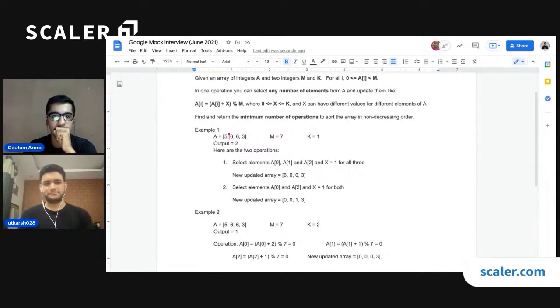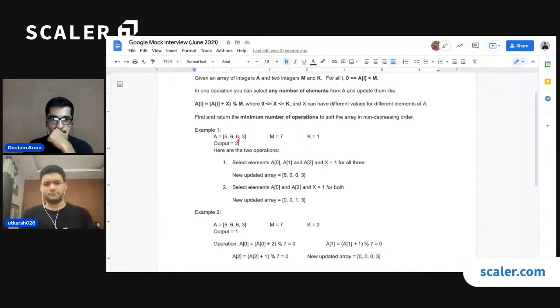Yeah. So I can start with the first element. Okay, so first basically what I can do is find the largest element in this array. Let's say the largest element is 6. So 6 will require the least number of additions to become 0. 6 will only require 1 to be added so that it can become 0, and 5 will require 2 to become 0.